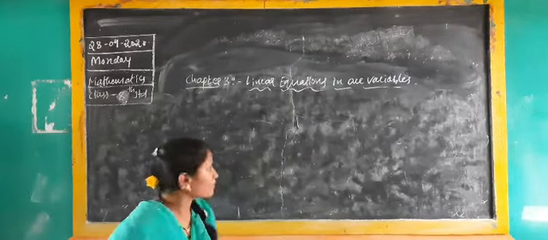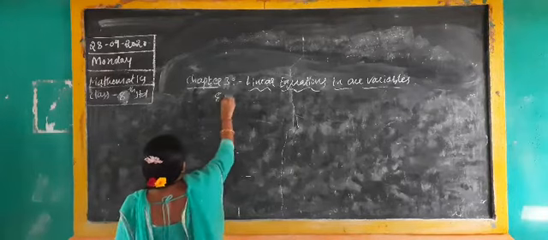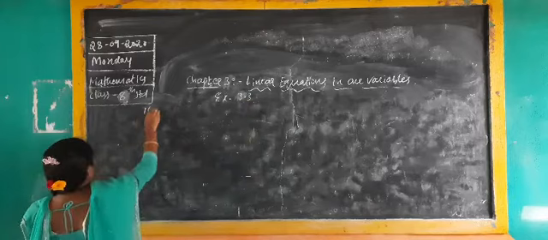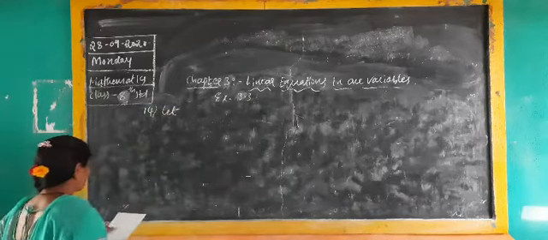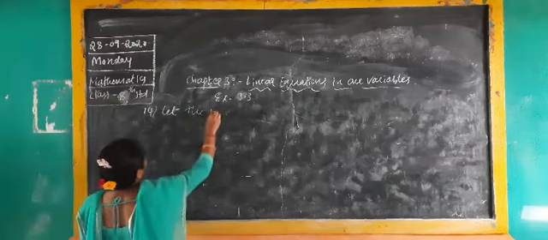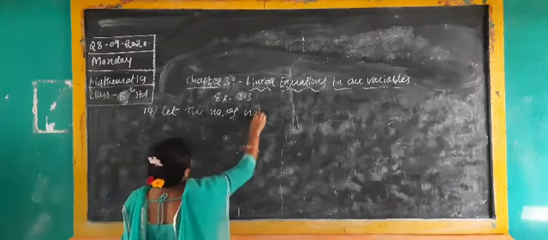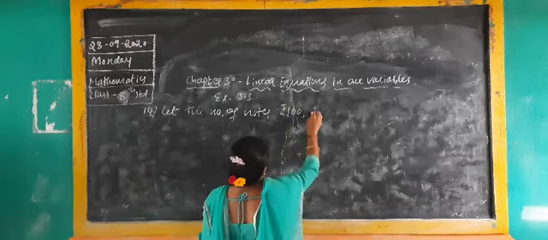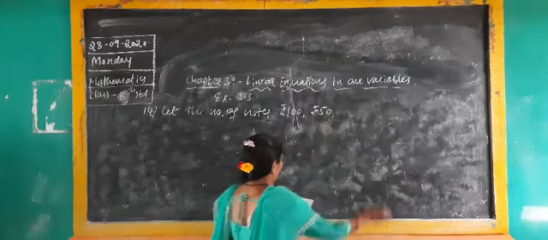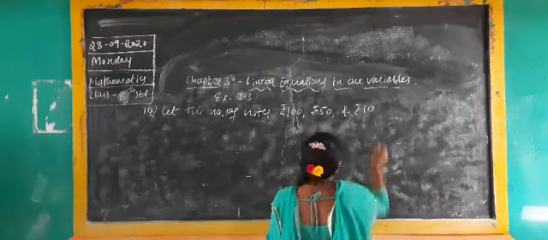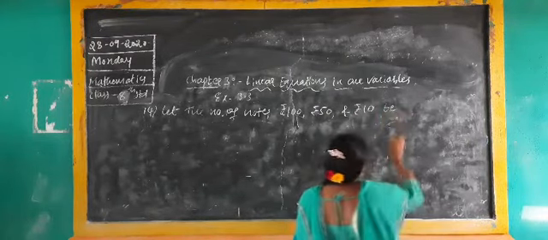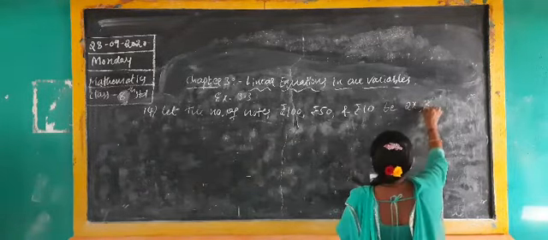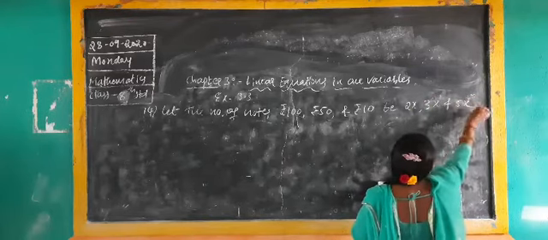Write down. Exercise 3.3, 14th problem. Let the number of notes of rupees 100, 50 and rupees 10 be, as given in the ratio 2:3:5, 2x, 3x and 5x respectively.